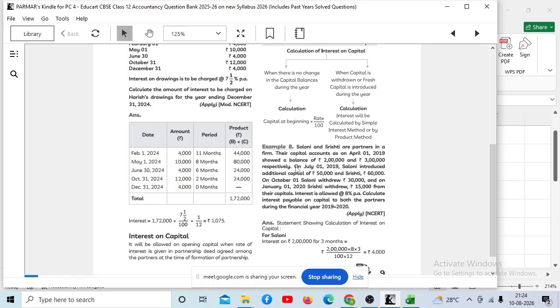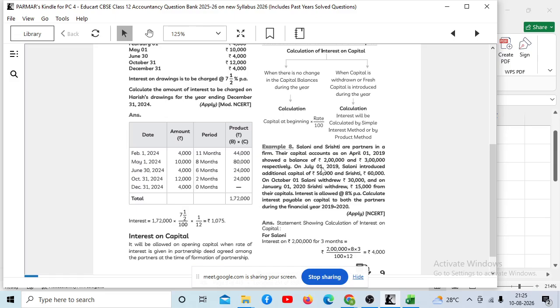So on 1st July 2019, Saloni introduced additional capital of 50,000, right? So on this 50,000 we will be charging 8%, but for how many months? From July till March. Since it is 1st July, the month of July will also be counted.